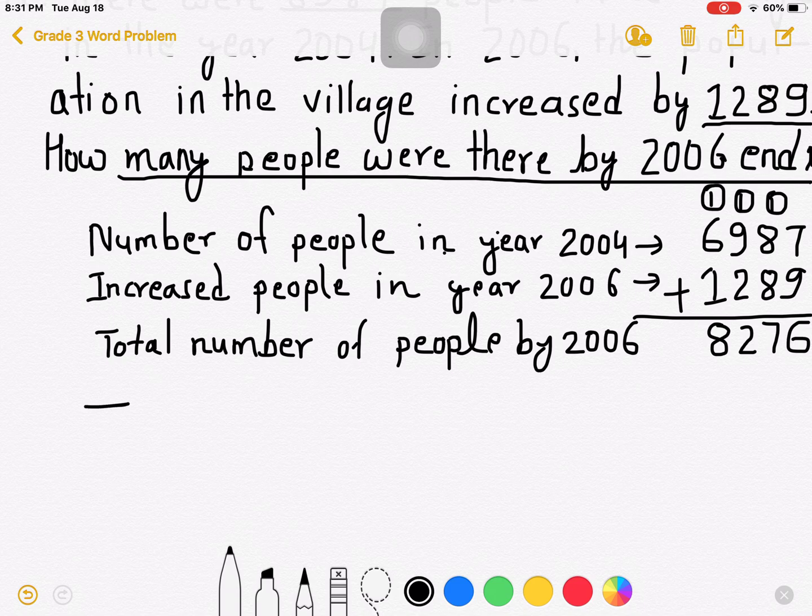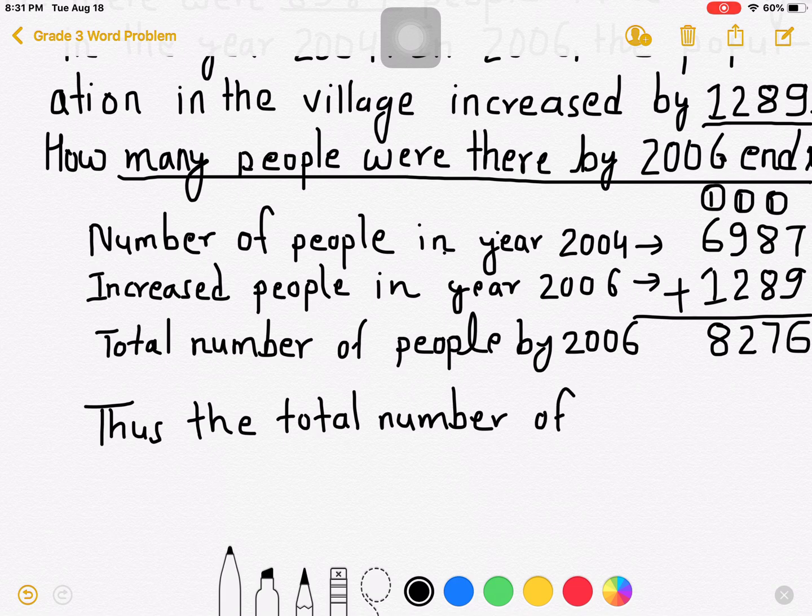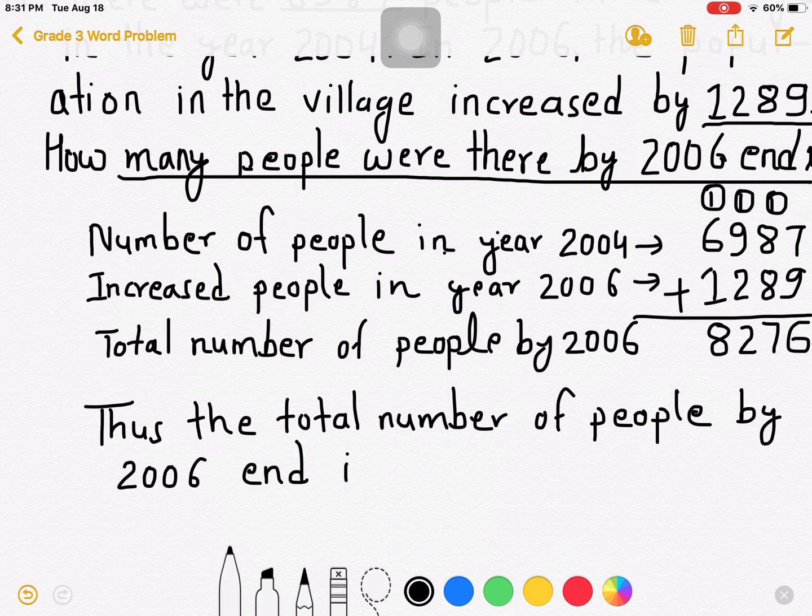Thus, the total number of people by 2006 is 8,276.